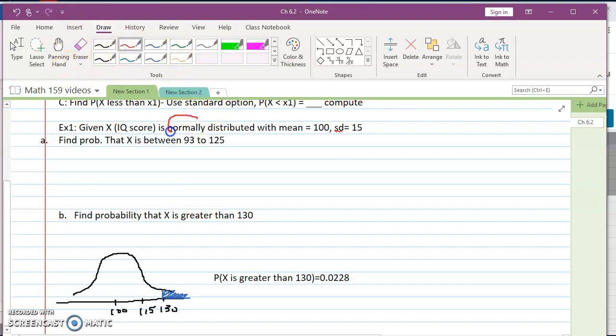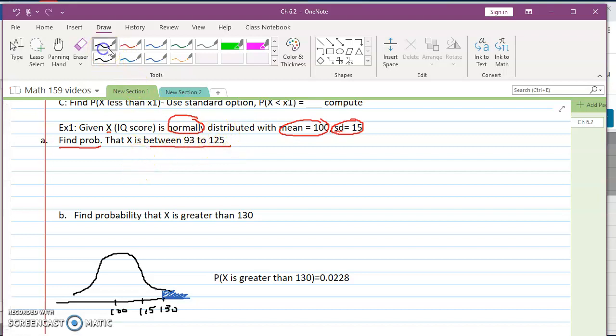Pay attention to that this is the mean, and this is the standard deviation. You need to notice that, and this is x. But you want to find probability. So notice that find probability means find area, and that's between 93 to 125.